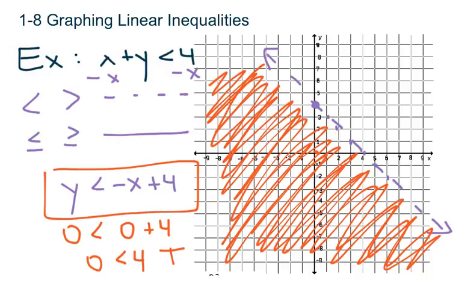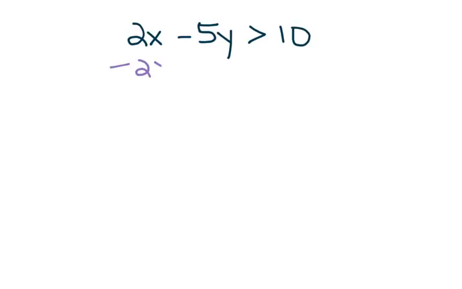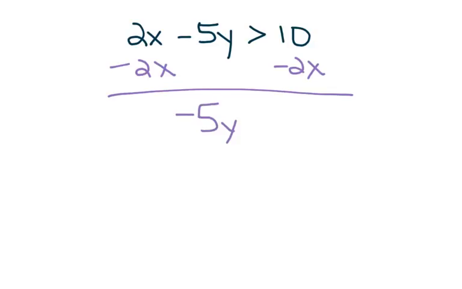If you don't do that, then you can't say less than means under and greater than means over, because we ran into a circumstance where if you're given an inequality like this, 2x minus 5y is greater than 10, when you go and solve this, you have to divide by negative 5.